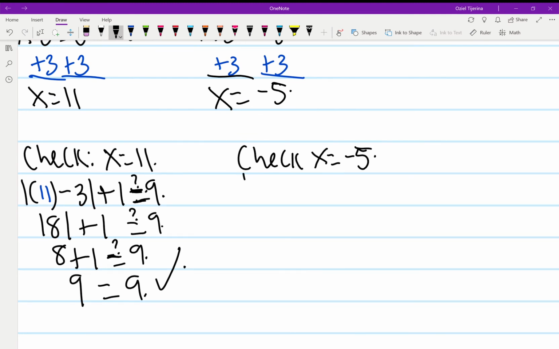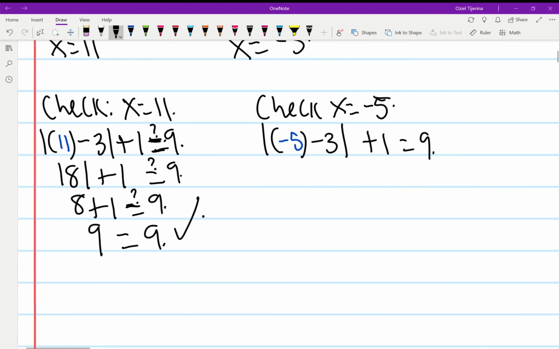We do the absolute value of negative 5 minus 3 plus 1, is that equal to 9?